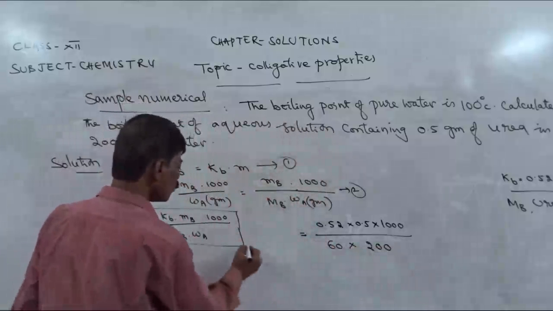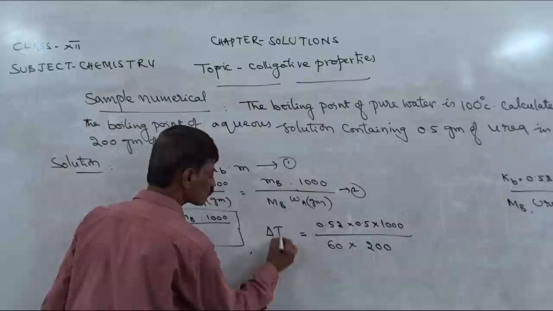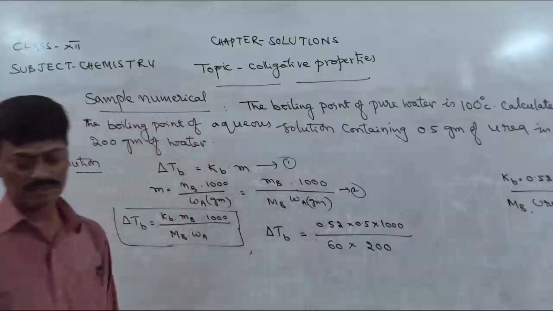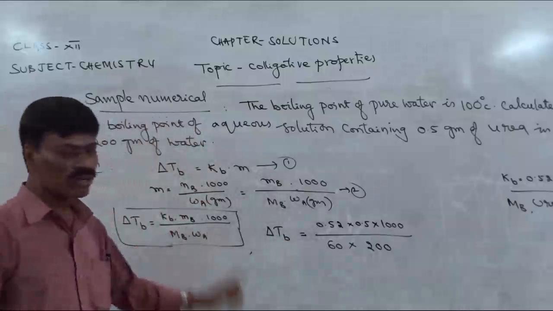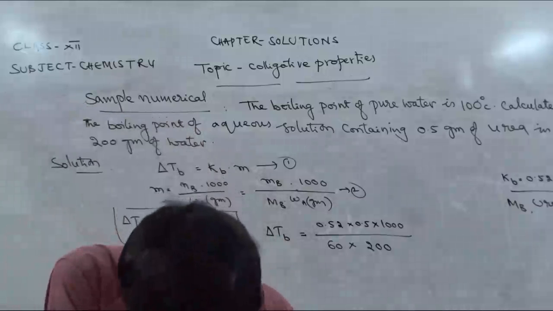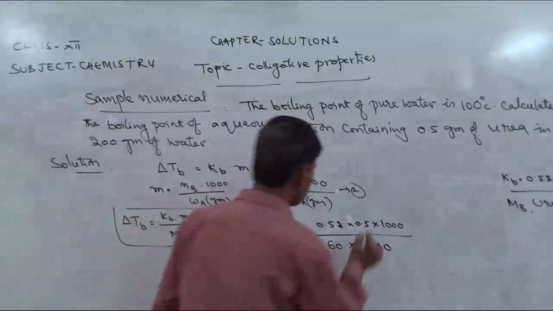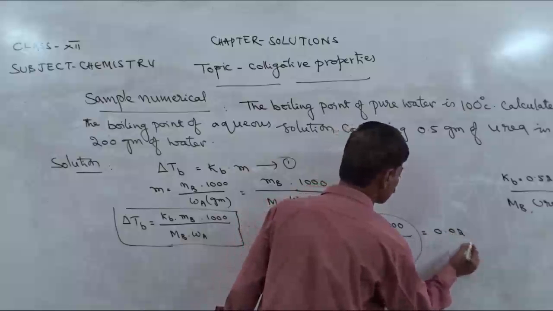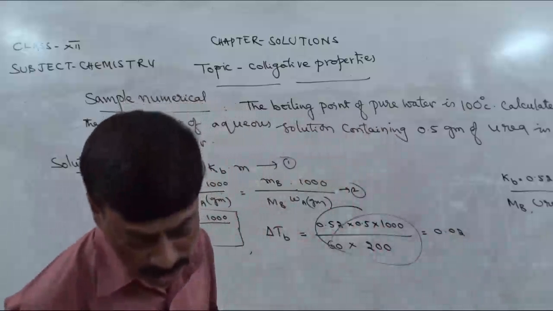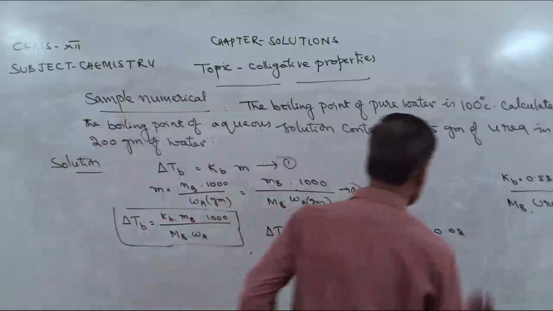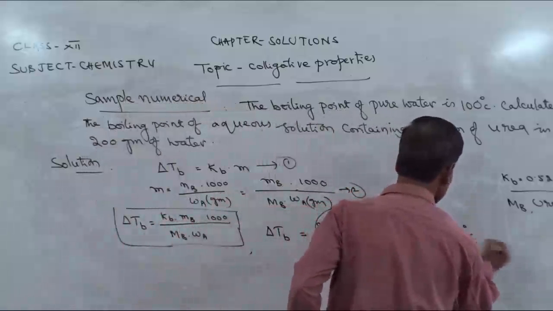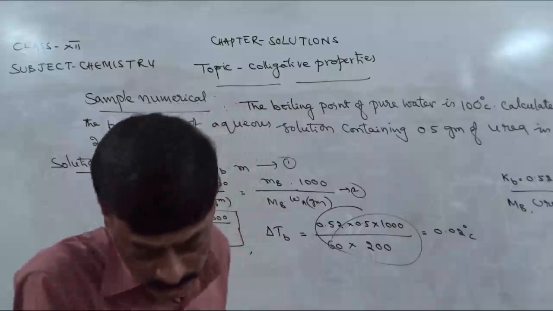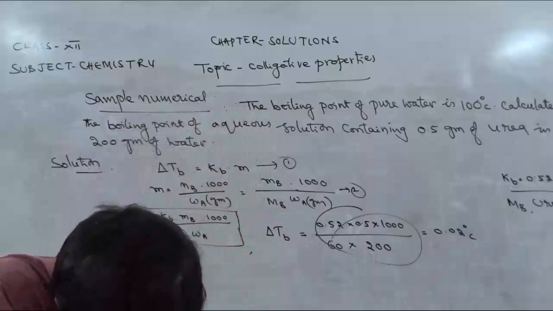Right. Now we need to substitute all the values in this formula. Once we substitute, we will get approximately 0.02 degrees centigrade. Approximately you are going to get this answer.